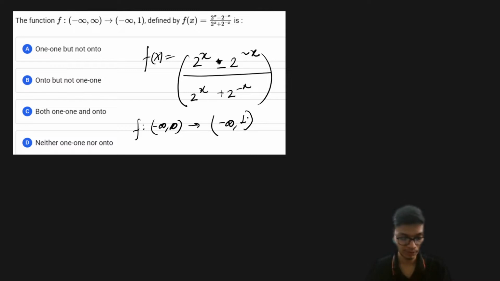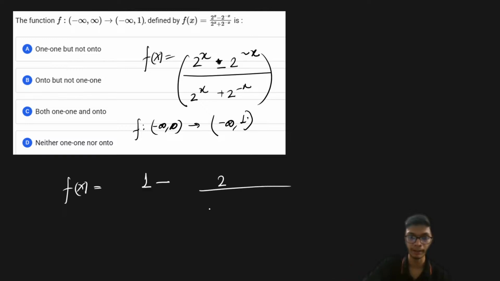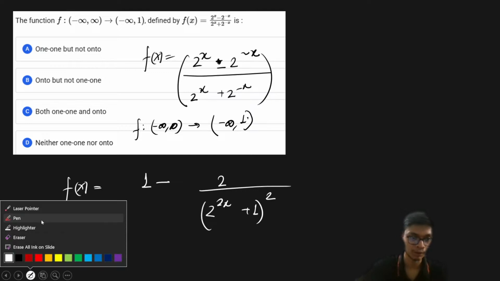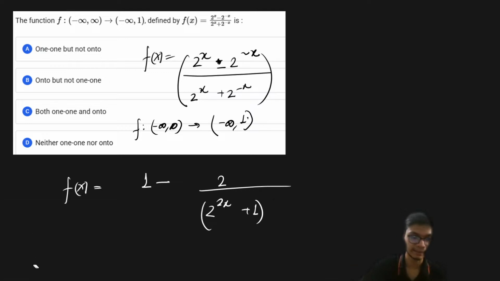Once we have this information, first of all, let us try to find the domain of this particular function. If we try to simplify this function, you will see that f of x can also be written as 1 minus 2 divided by 2 to the power 2x plus 1.